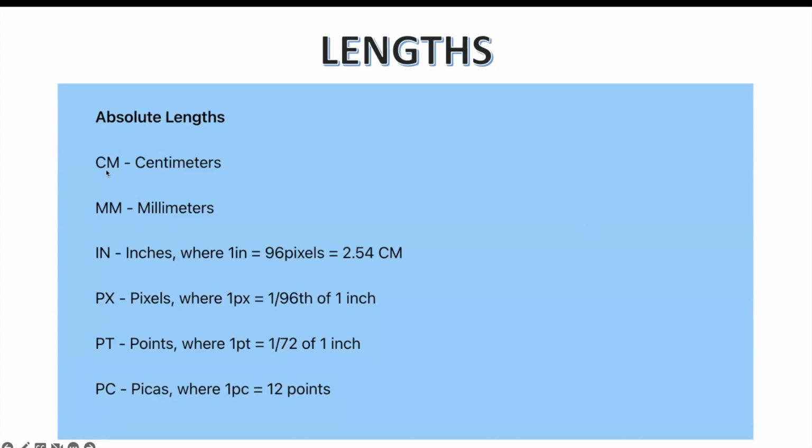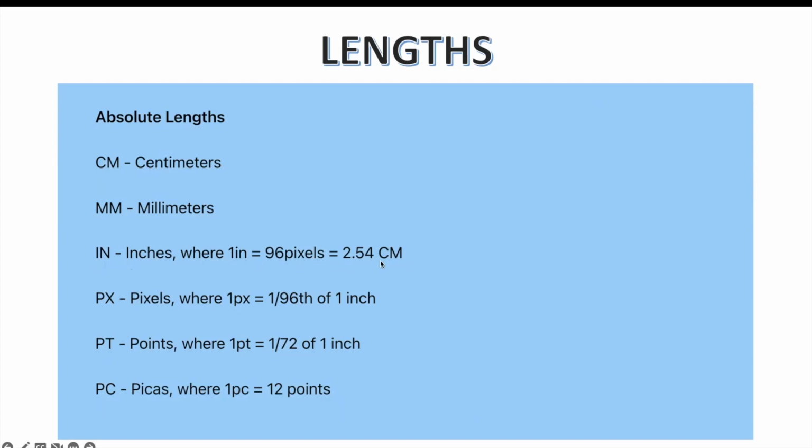When you're doing things on the screen in HTML, you can use centimeters or millimeters. Obviously, these two are in the decimal system. We have inches. 1 inch equals 96 pixels, and it also equals 2.54 centimeters.